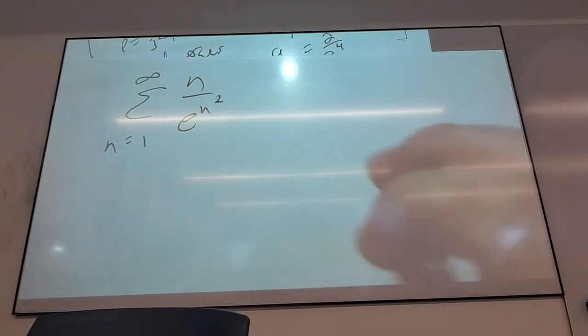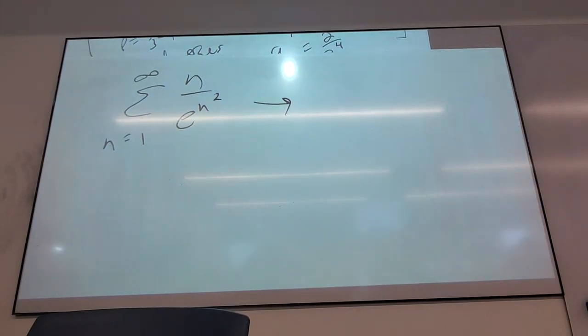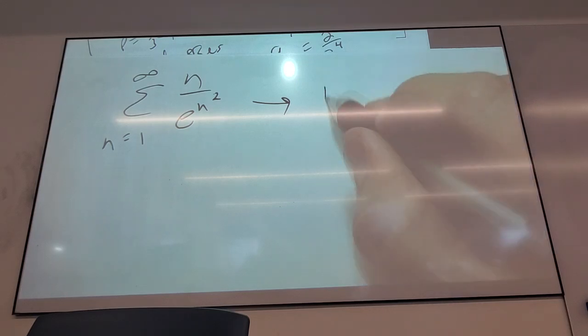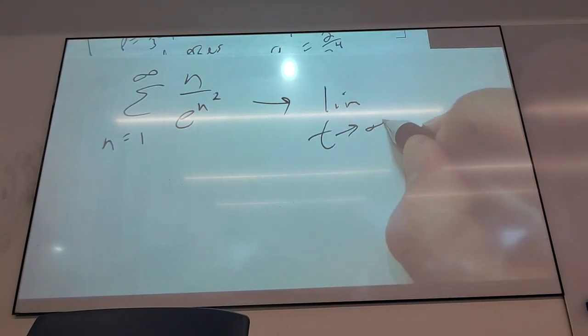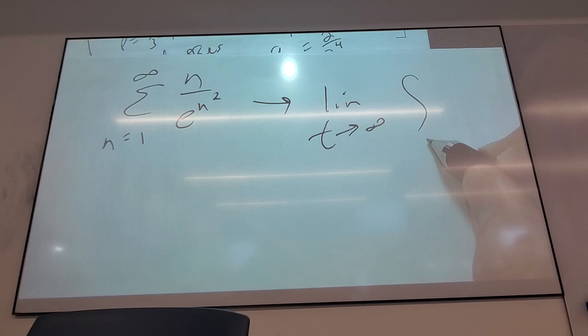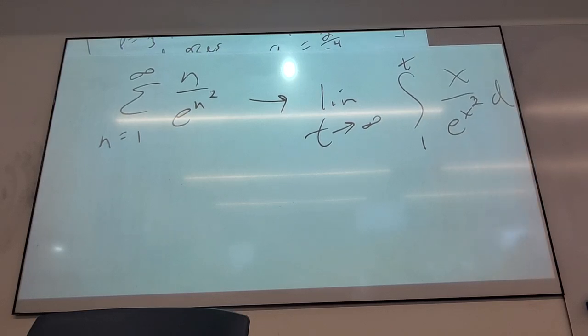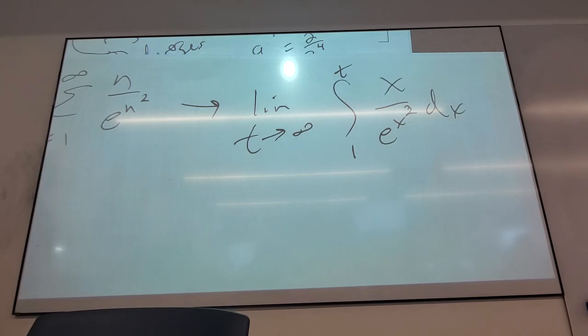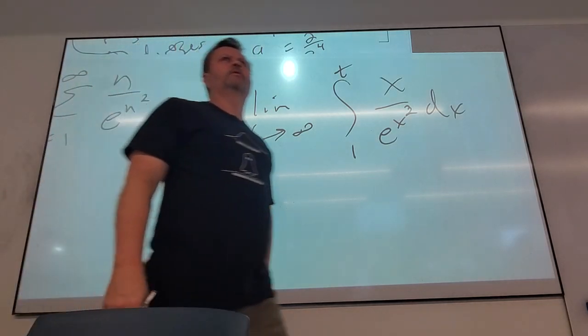How do I write the associated improper integral? Limit as t goes to infinity of the integral of x over e to the x squared. So we can't integrate e to the x squared directly. Does anyone see the u-sub in here?